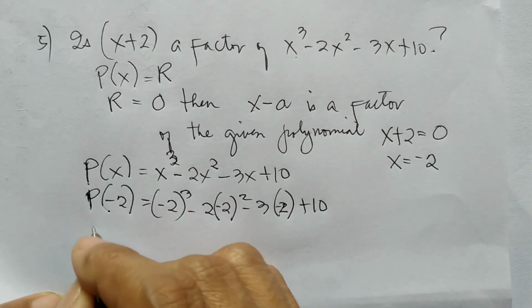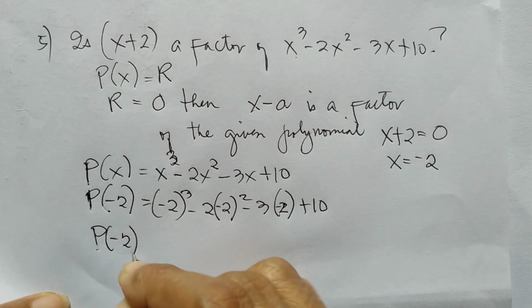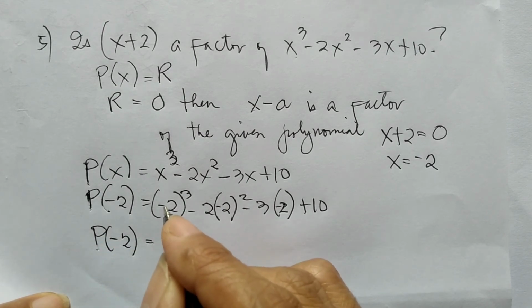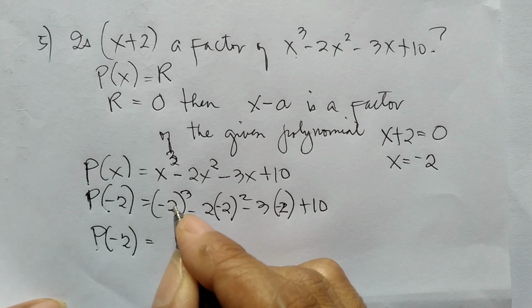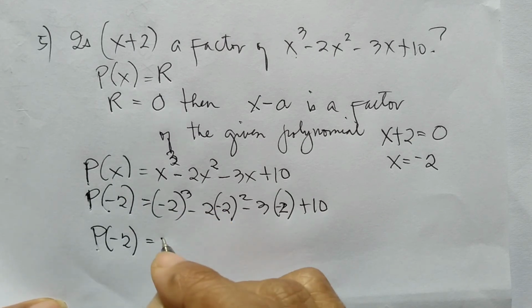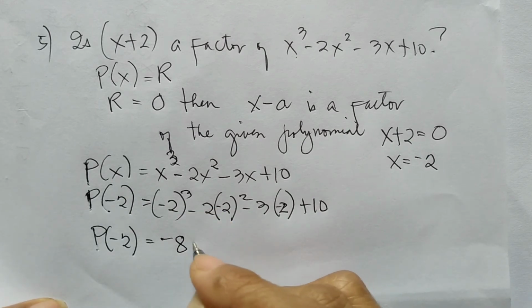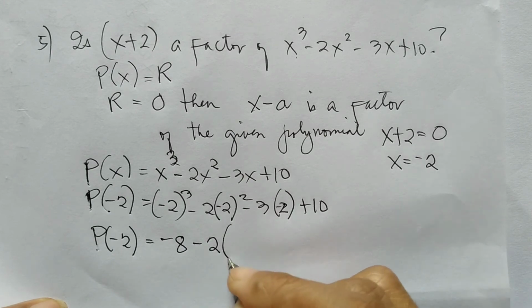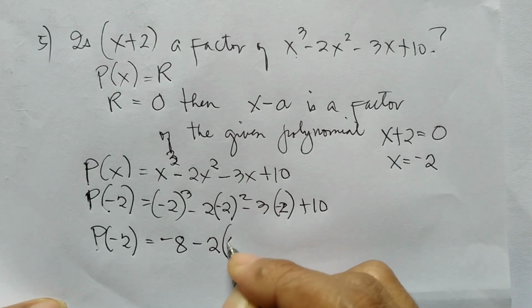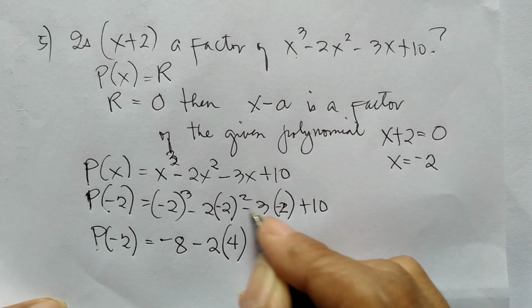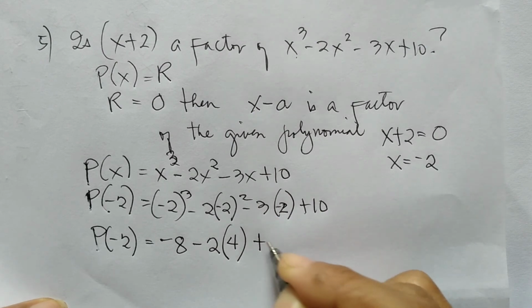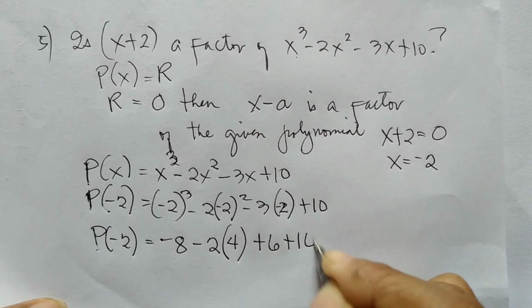So we have p of negative 2 is equal to negative 2 cubed, that is negative 8. Then negative 2 squared is positive 4. Then negative 3 times negative 2, that is positive 6, plus 10.